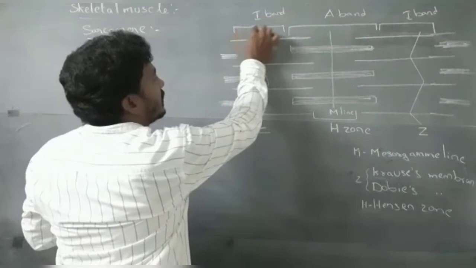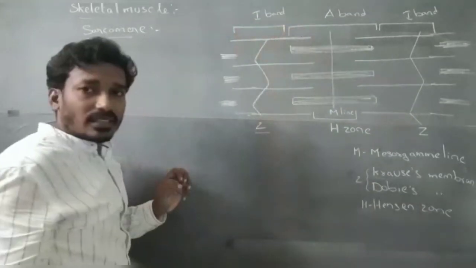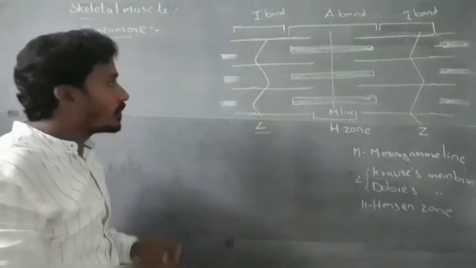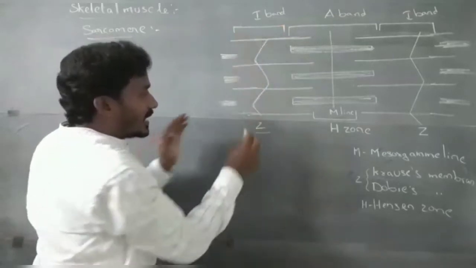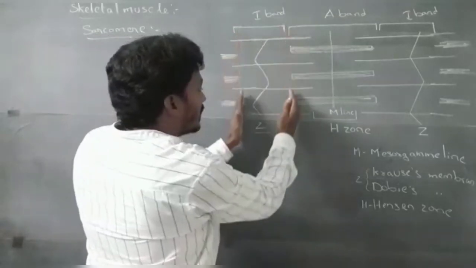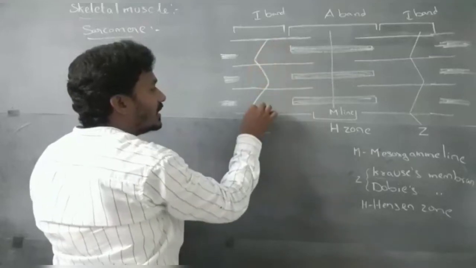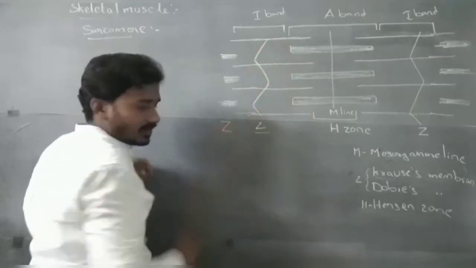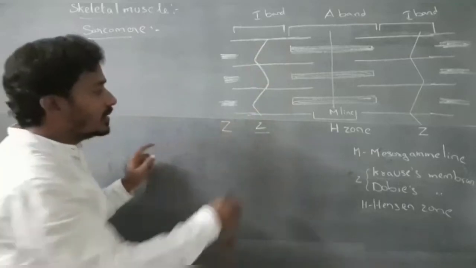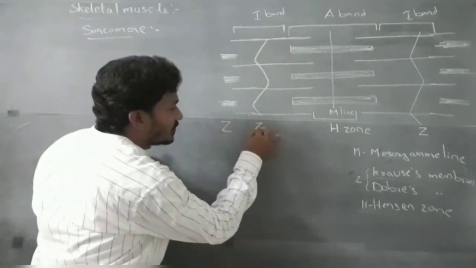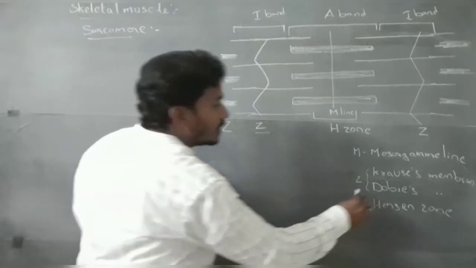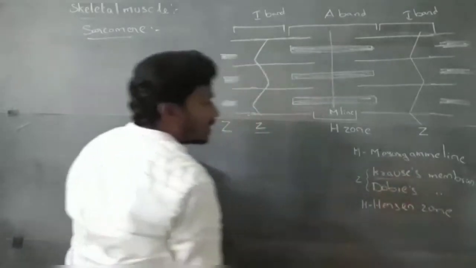This is the I band. The I band contains actin protein. The center of the I band contains a line called the Z-line, or Krause's membrane.